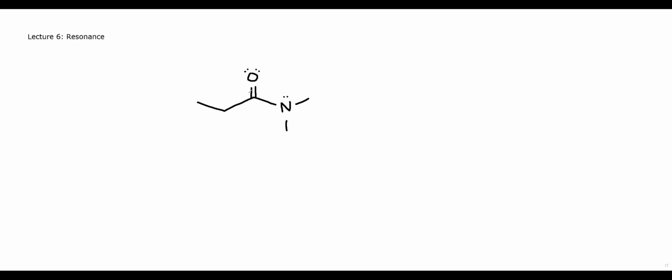Let's start with this polar double bond. We can draw a resonance structure where the pi bond becomes a lone pair. Hopefully you were able to see that now after we've done a few examples. That gives oxygen 3 lone pairs, a negative charge, and it gives this carbon a positive charge.